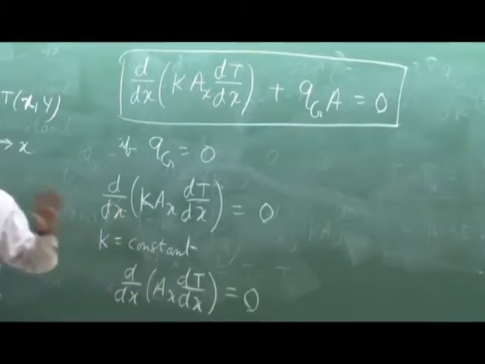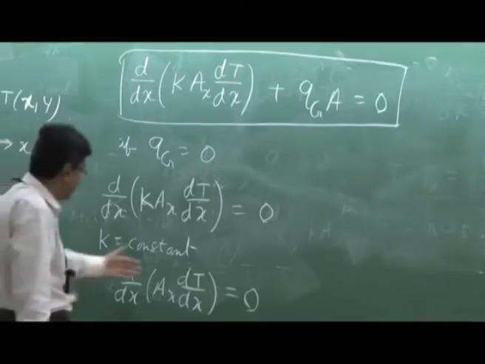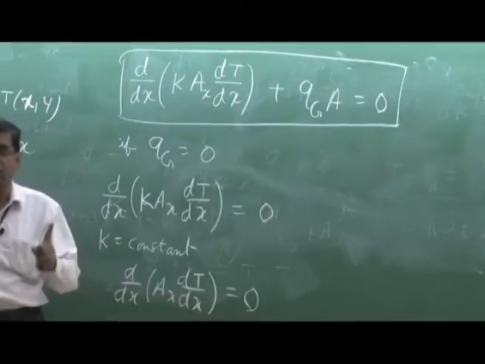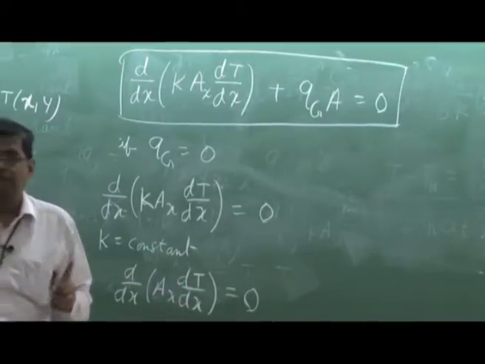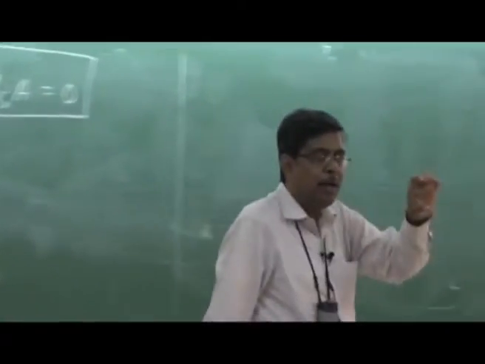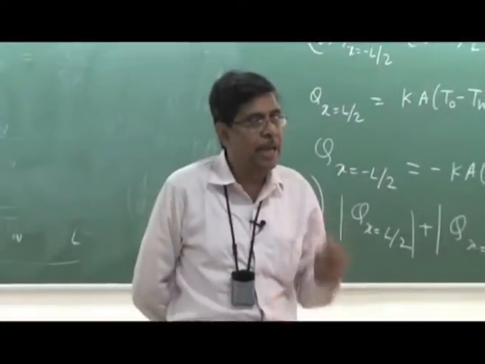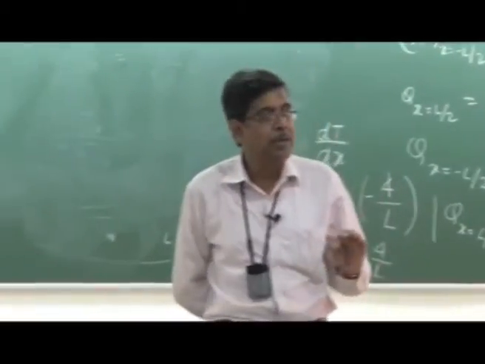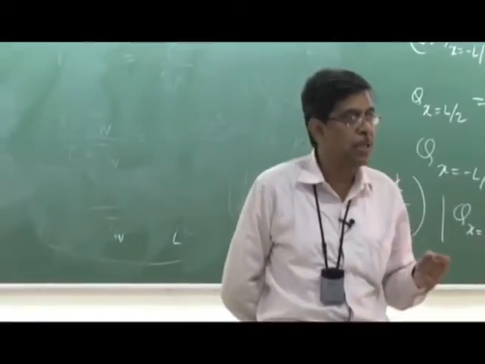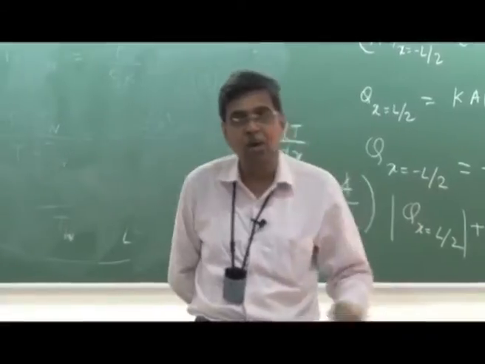But if the area variation is not there, that means a plane wall, then it comes out and d square T/dx square is 0, then only we get a linear temperature variation. There will be problems where an area variation will be there. That means if the area varies, how do you tackle the one dimensional heat conduction equation? Clear?